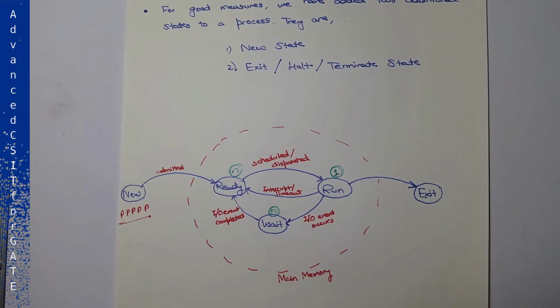Now let's learn about these states in detail. New state. A process when created is in new state. Until it is ready to be executed, it will stay in the new state.